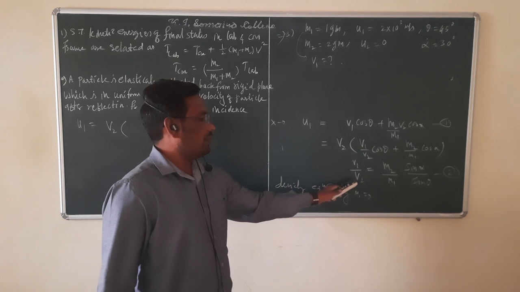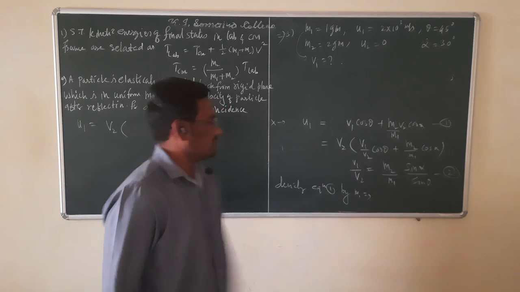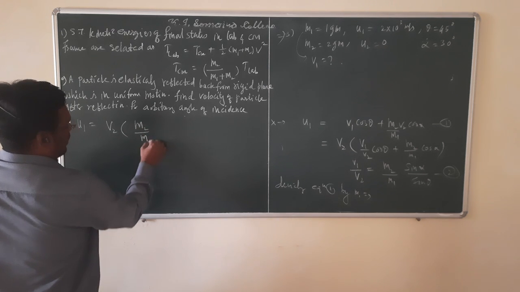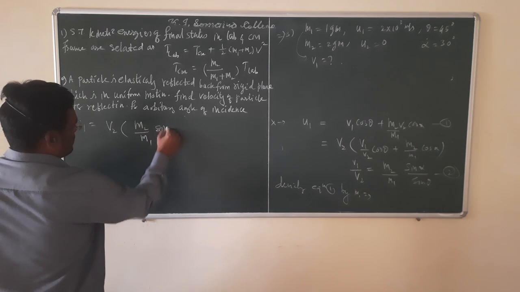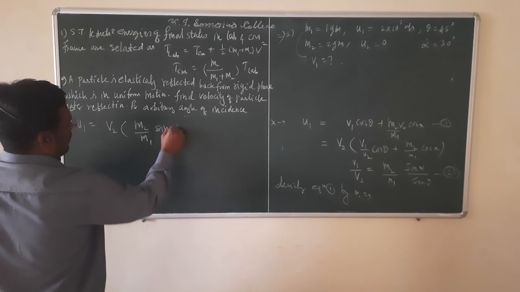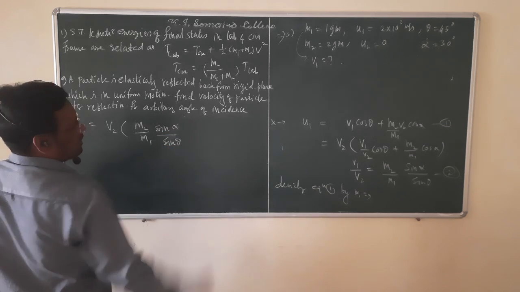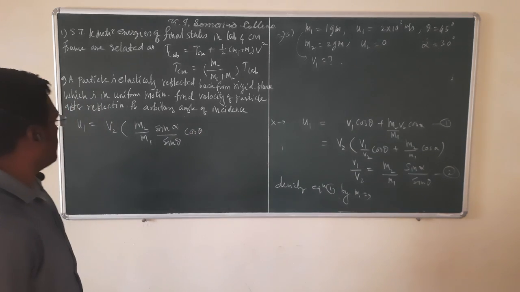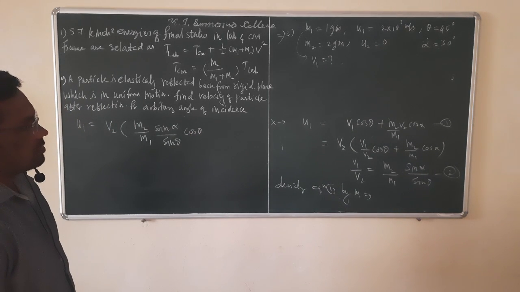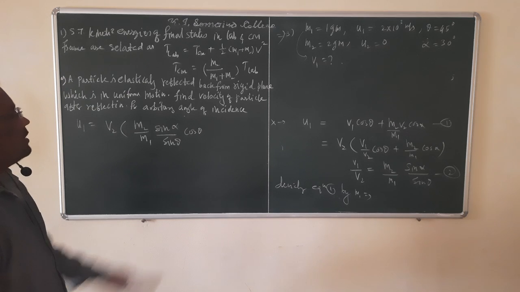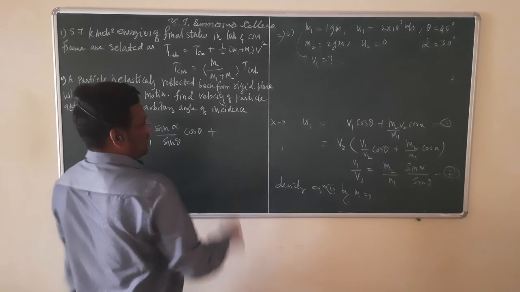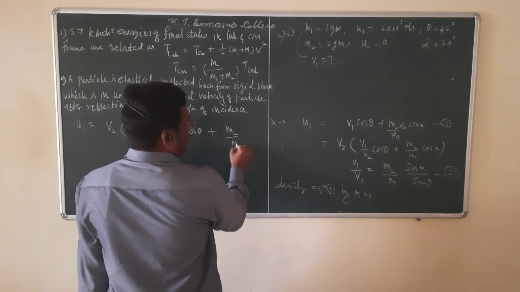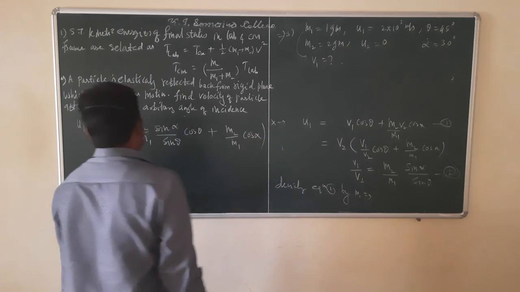So v1 upon v2 can be written by the earlier equation, m2 divided by m1 sine alpha divided by sine theta, multiplied by cos theta, plus m2 divided by m1 into cos alpha.